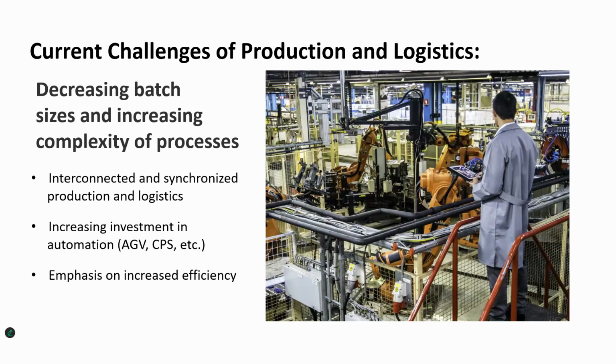So to summarize, industry must now deal with smaller batch sizes during the production process and increasingly complex product processes. Now, this requires companies to better synchronize production and logistics, and also to make investments in cutting-edge automation and processes, and to be as efficient as they possibly can.